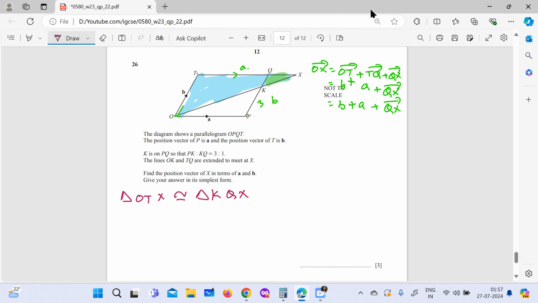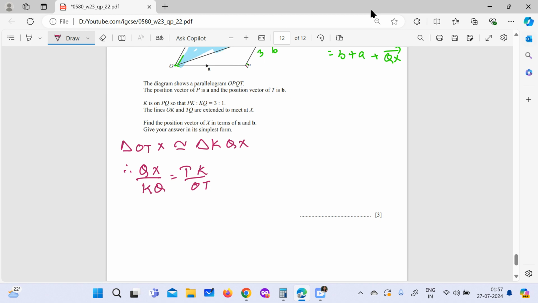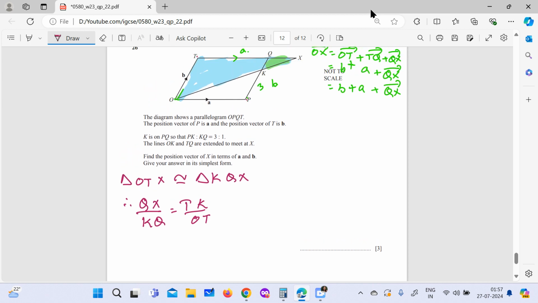Because they are similar, we can write QX over KQ equals TK over OT. Now this TK can be written as TQ plus QX.